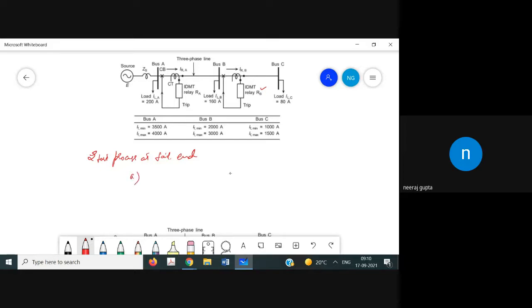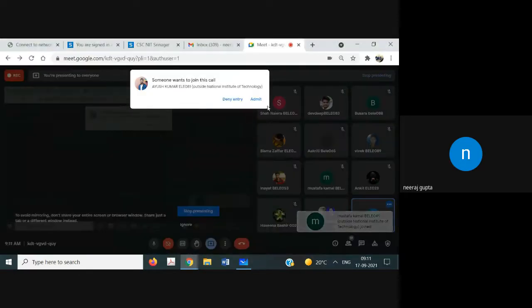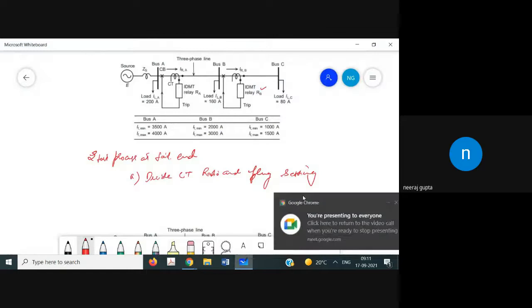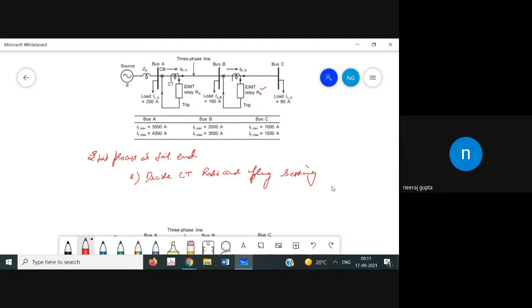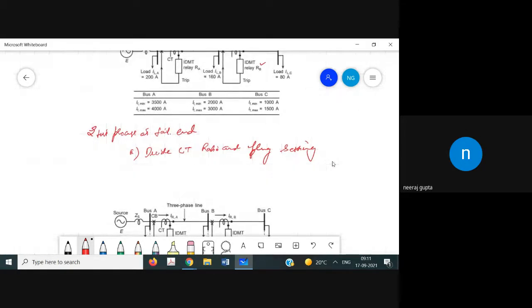The first step is that we have to decide the CT ratio, that is, the CT ratio of this relay, and then the plug setting of that particular relay.